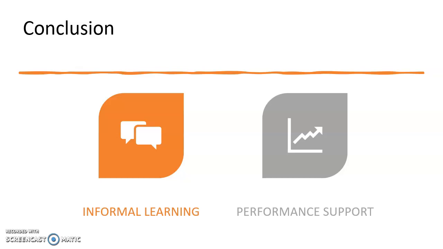Performance support is very important in a society where students, teachers, educators, and learners sometimes need to learn things at a quick, fast pace, and they need to look something up and find out exactly how to do it or how the process is going to work right now at this moment. So performance support and informal learning as modules on improving performance work hand in hand, going together to improve performance on the job and in daily life.